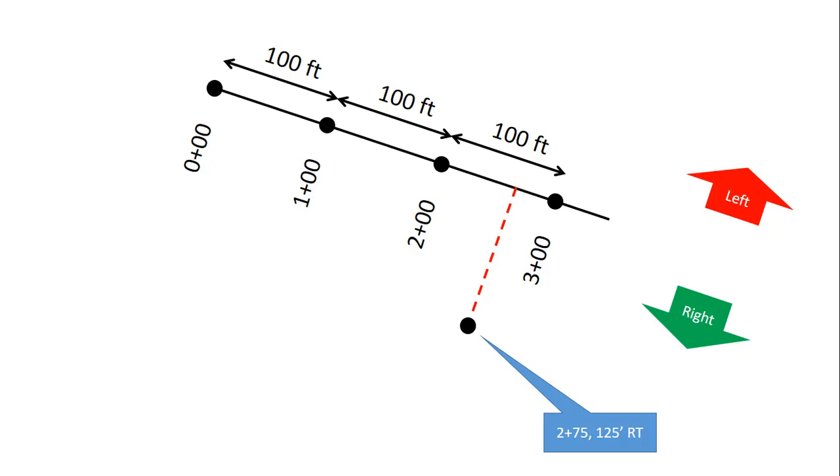And again, here you can see each of those stations is equal to 100 feet. The plus is just used as a placeholder. So we know that this point, being a perpendicular offset to that object, is 75 feet from station 2, because it has a station of 2 plus 75, and we know that the distance from that baseline out to that object is 125 feet, and it's right of the baseline, so it has a station of 2 plus 75 and an offset of 125 feet right.